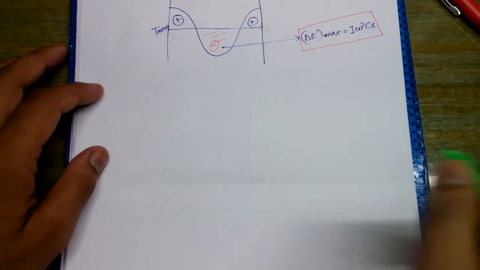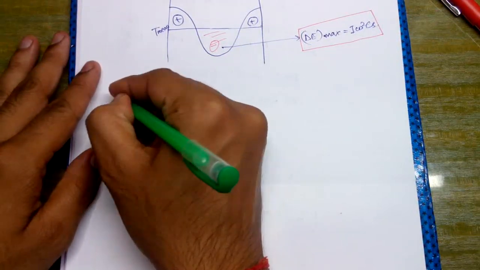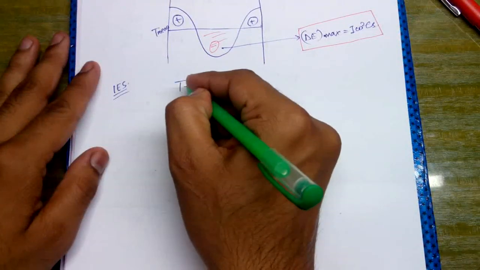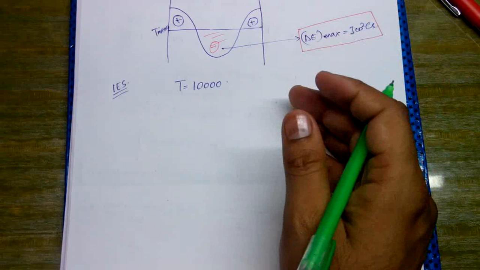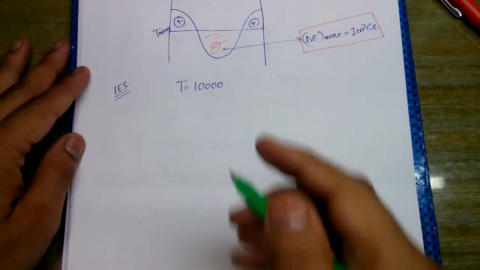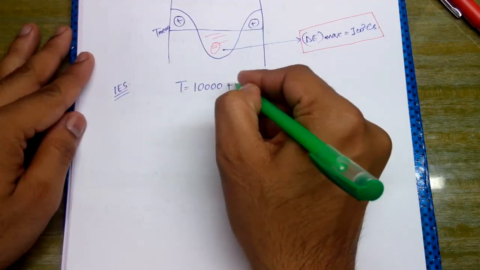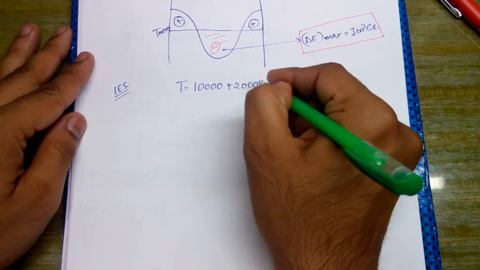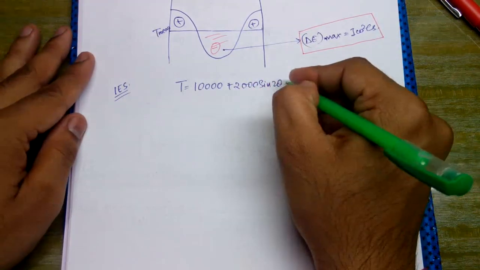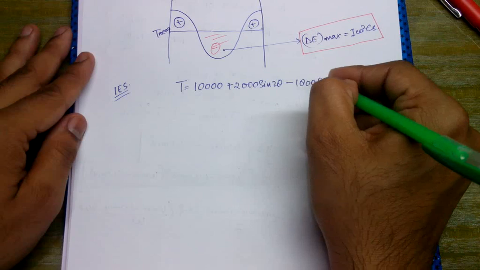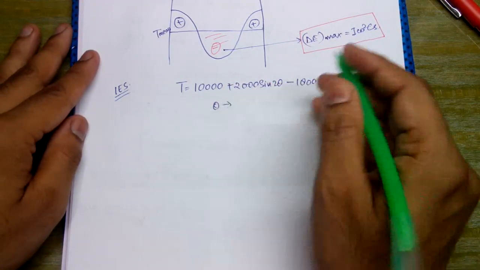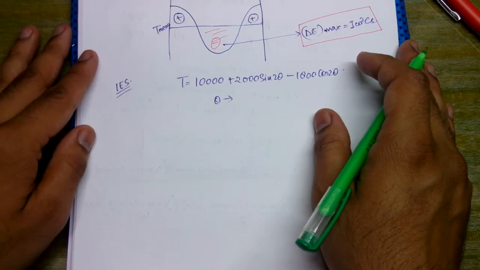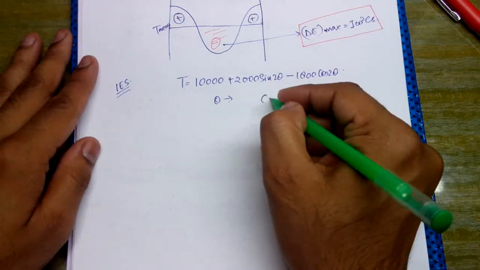Now I will solve some numericals relating to the flywheel. This problem has been asked in IES, and it is a very standard problem. T has been given as 10,000 plus 2000 sine 2 theta minus 1800 cos 2 theta, where theta is the crank angle from the top dead center to the bottom dead center.